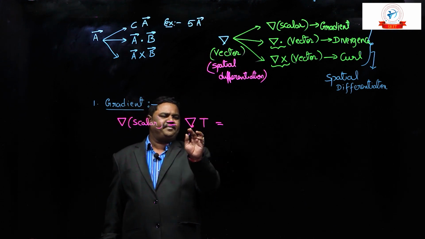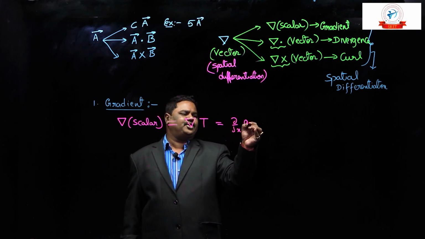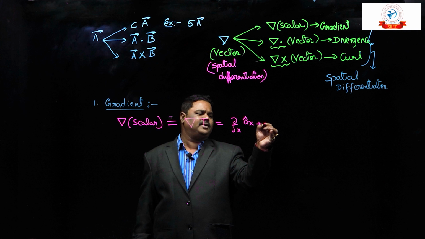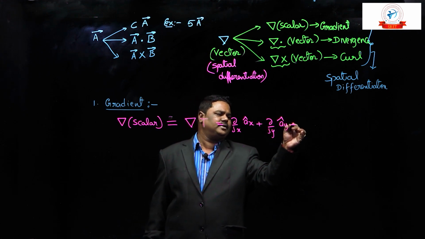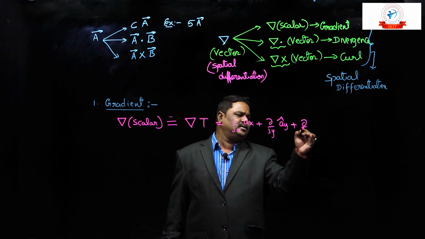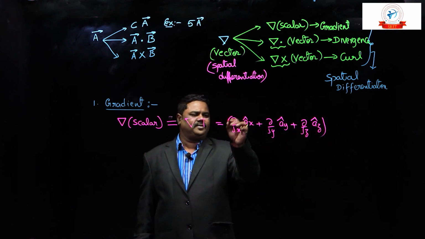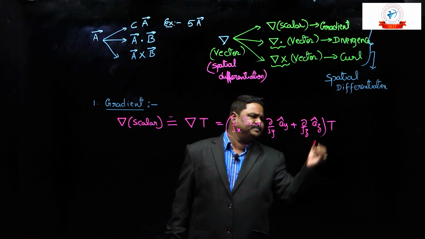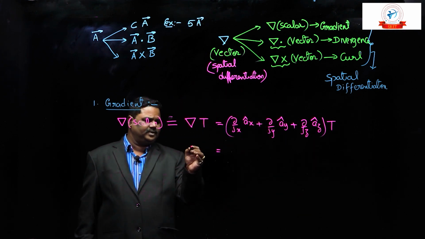Here, you know the equation for the del operator: dou by dou x into x cap plus dou by dou y into a y cap plus dou by dou z into a z cap, which is multiplied with T. Then perform the complete multiplication.